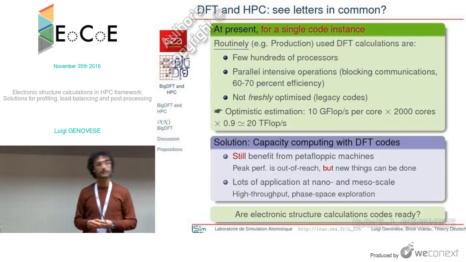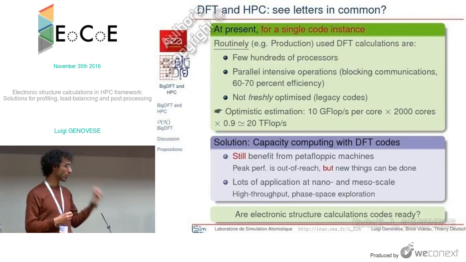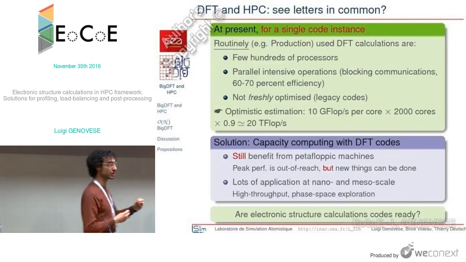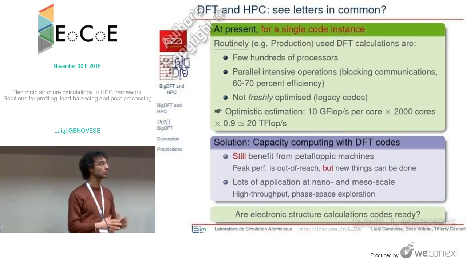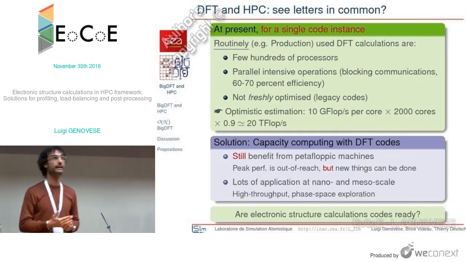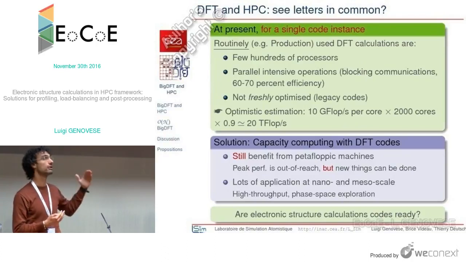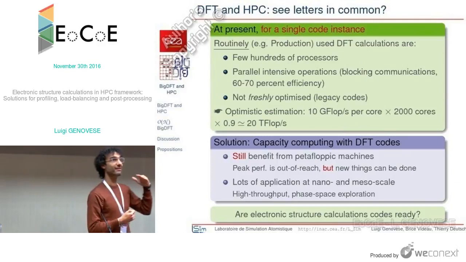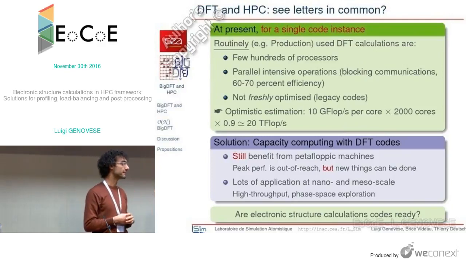The point, indeed, is that exaflop for DFT codes is not something that has to be reached in terms of peak performance. It's rather an opportunity to get new physics by using bigger machines. So it is very important to keep this in mind, because it is not only a matter of reaching a high level of number crunching. This is not necessarily possible in the DFT community.